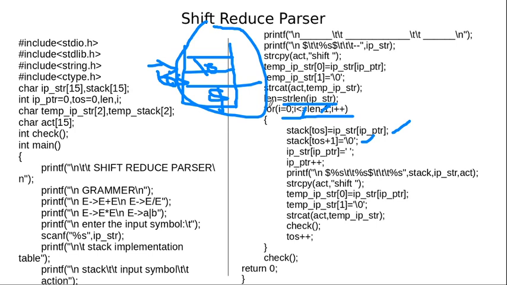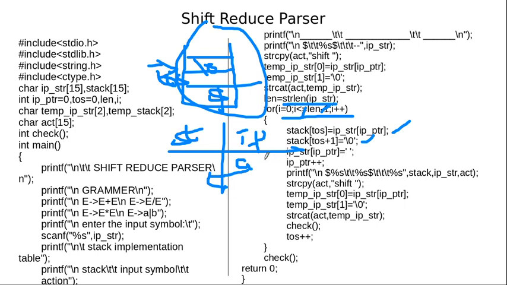And when an input symbol is shifted from the input string to the stack area, this is your stack and this is your input string. If the symbol A is shifted into the stack, the next time when you print the input string part, A should not be printed.